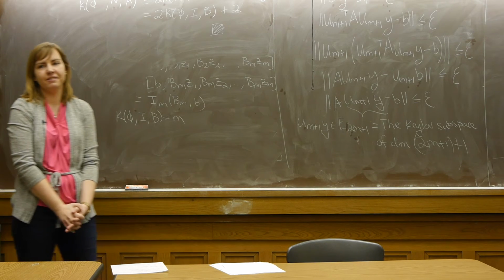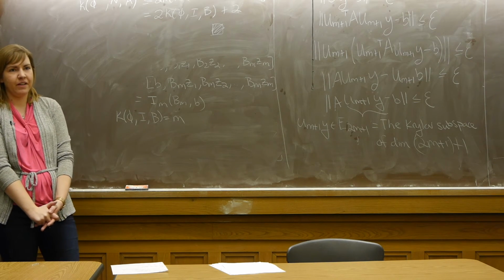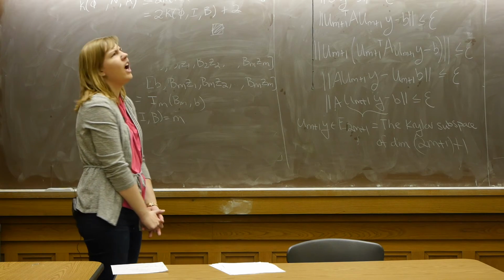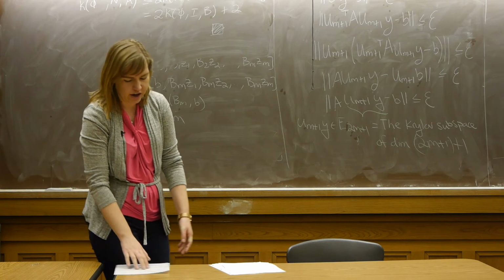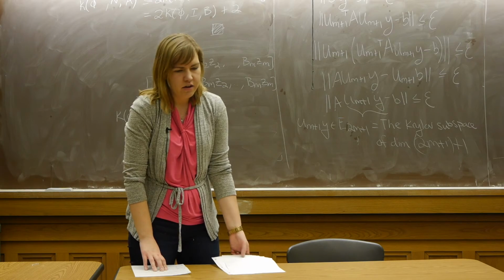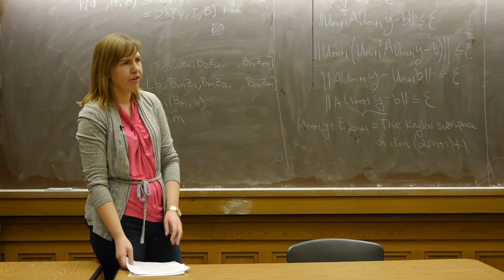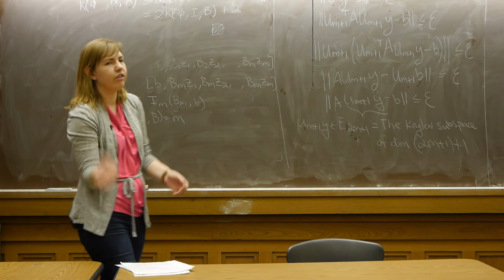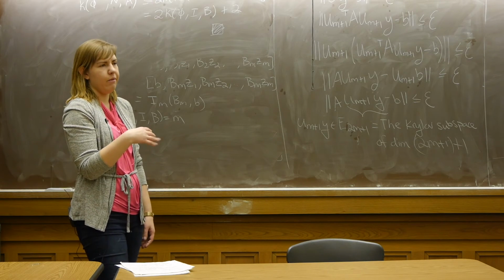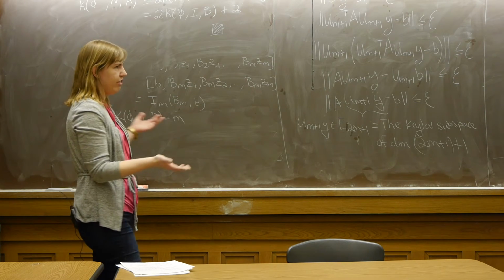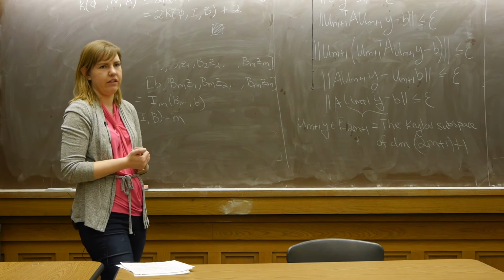So any questions? Yep. Why does B have to be unit length? Okay, good question. It might not, except that I left it out of all the earlier definitions, but in the general theory, they always take B to be of unit length.